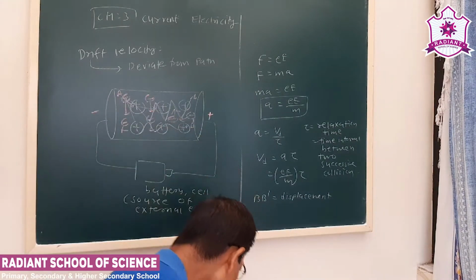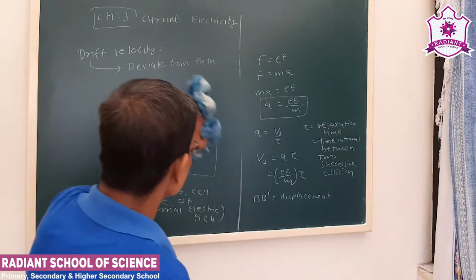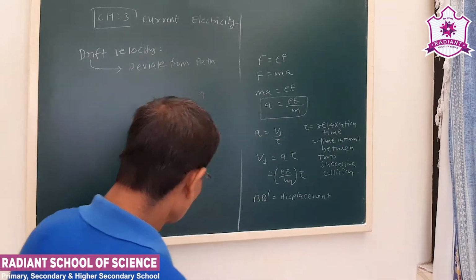velocity. So how do we define drift velocity?